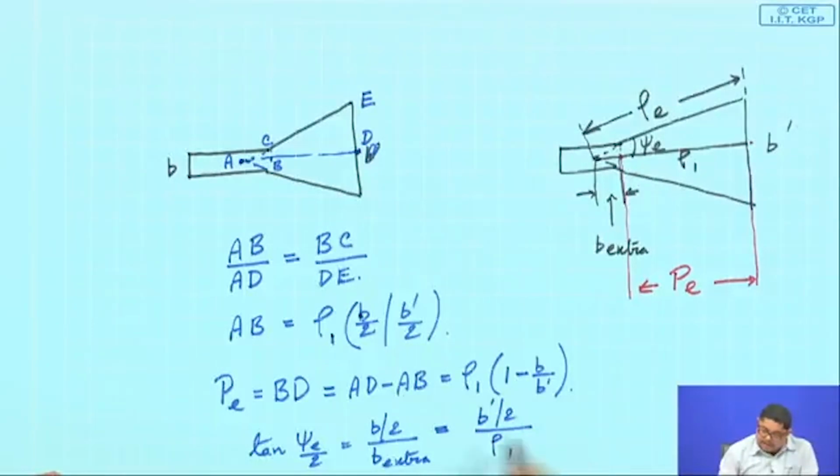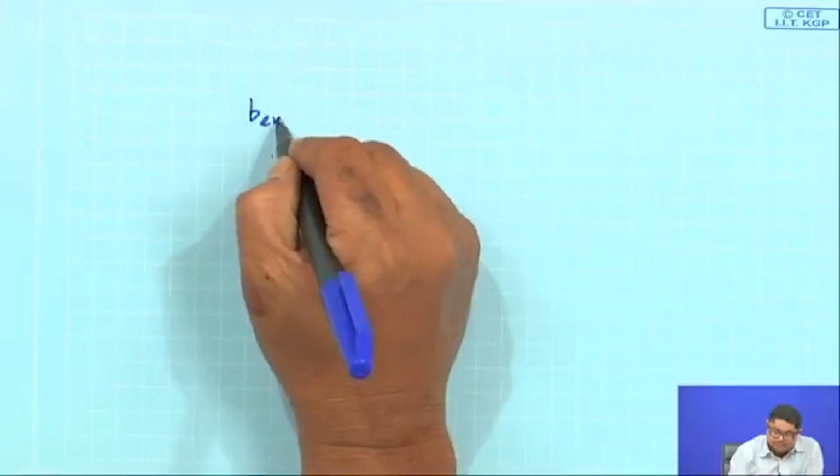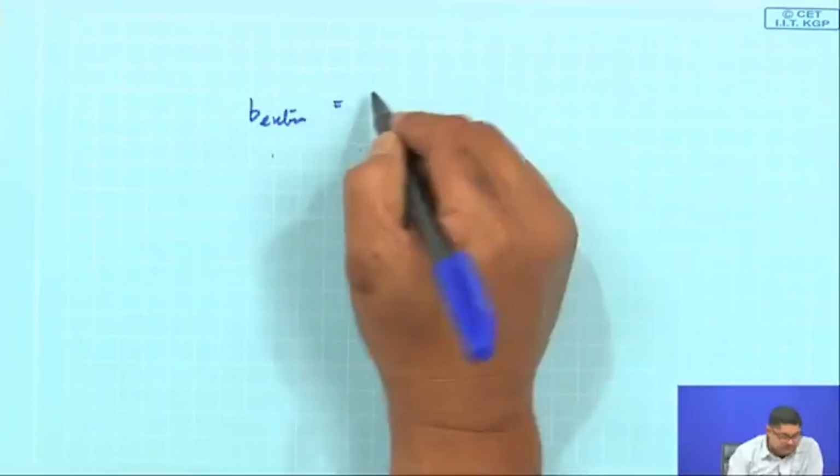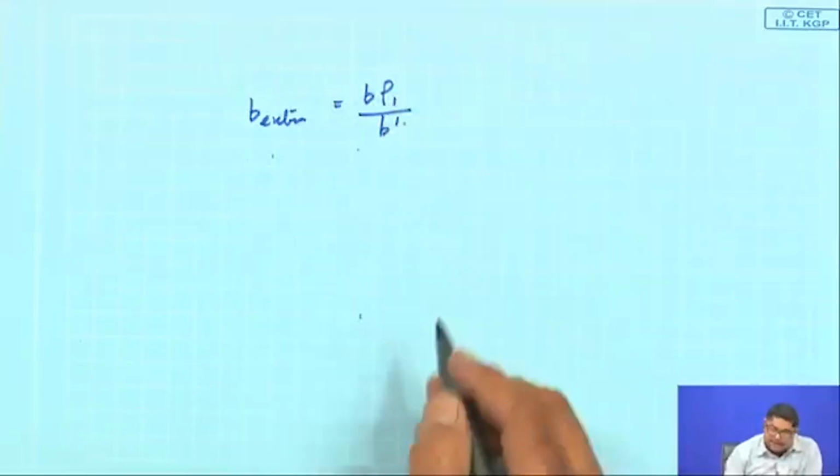From here you can find B extra is B rho 1 by B dashed.